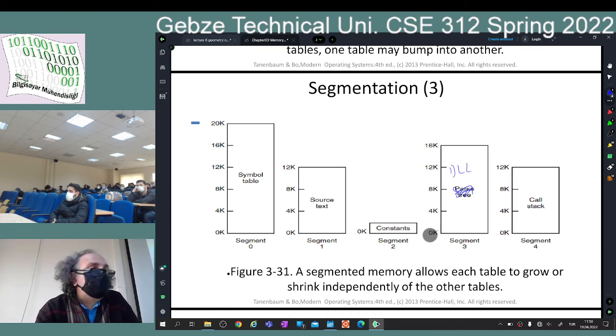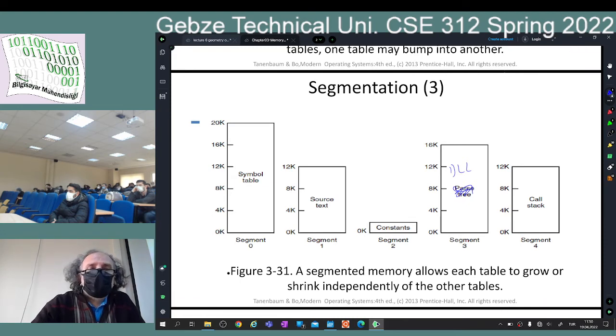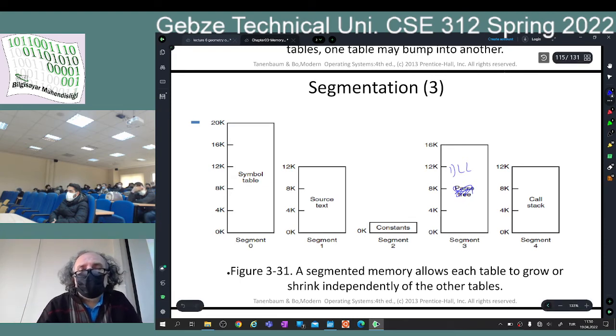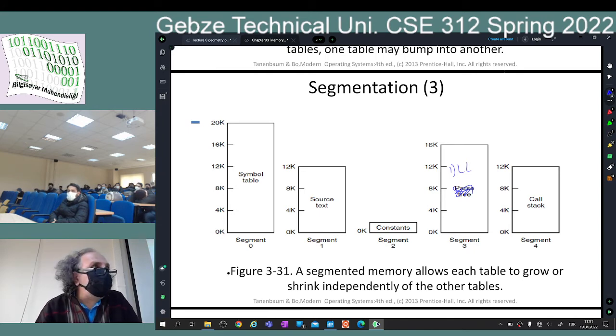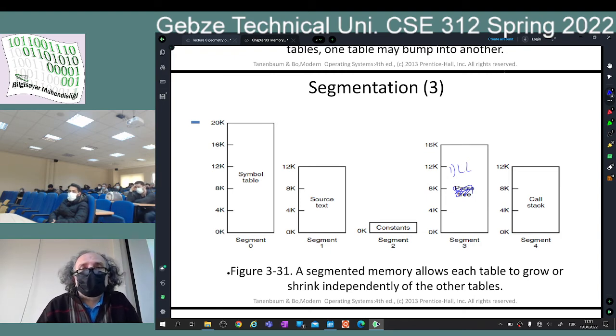So this DLL has a special segment. This is a shared segment, and inside it all the addresses look like physical addresses. I don't have this restriction of having to use position independent code. My code could be position dependent inside segment number 3. So this is a very nice advantage of segmentation over paging.